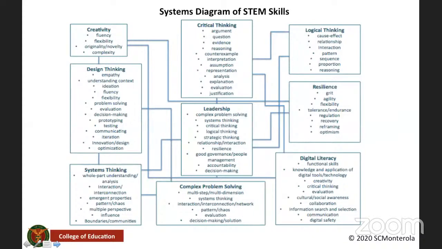Now, complex problem solving is very much related to other STEM skills. So you have multi-step, multi-dimensional problems, and then providing solutions to these problems. But I'd also like to highlight some of what you call non-cognitive STEM skills, which are very much important today.